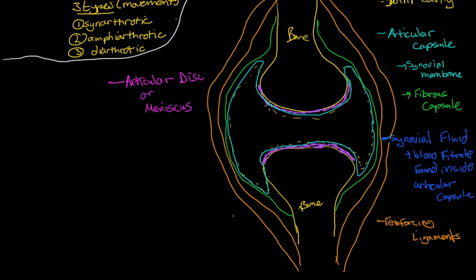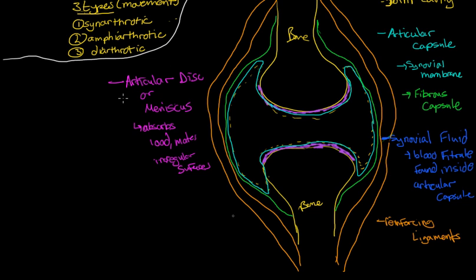And like I said, that's just going to distribute the load and help mate together irregular surfaces. So I'm actually not going to draw that on there. Absorbs load, mates irregular surfaces.